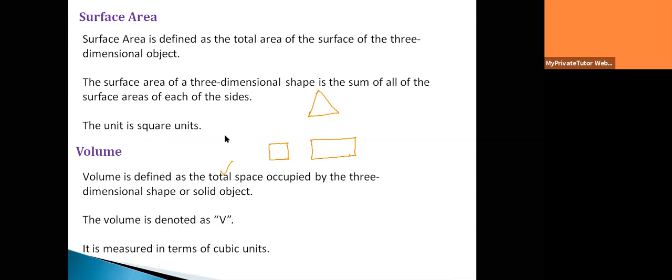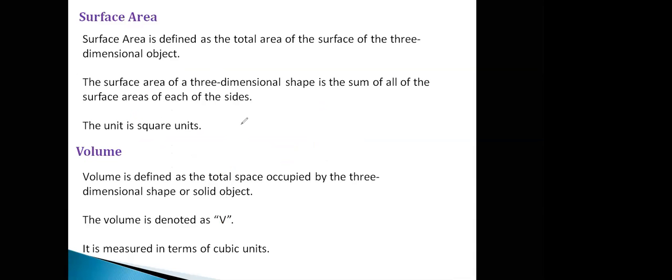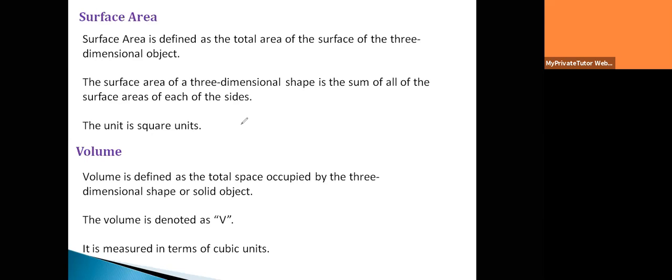So what is surface area? Before we start finding the surface area, you might have some idea. Surface area is nothing but the total area, isn't it? The total area is the area of all the faces. We are not talking about the sides in 3D shapes. Instead, we talk about the faces.